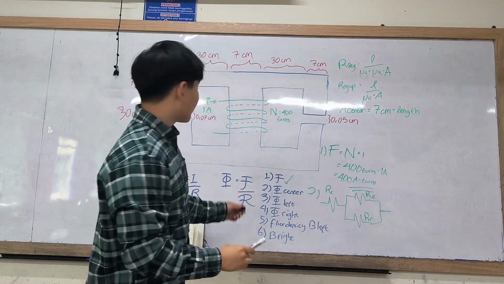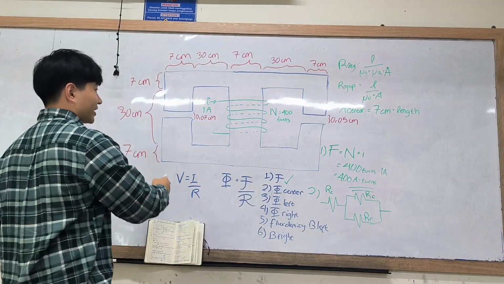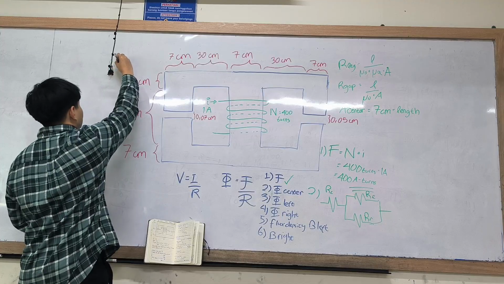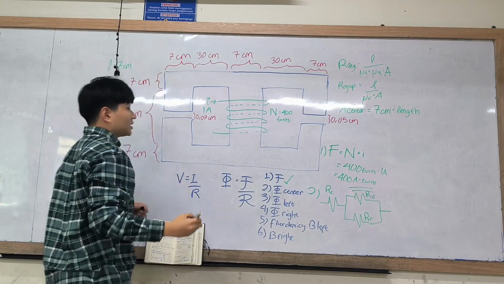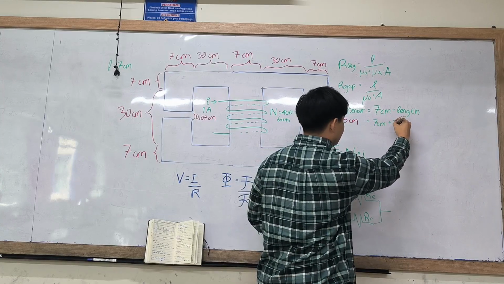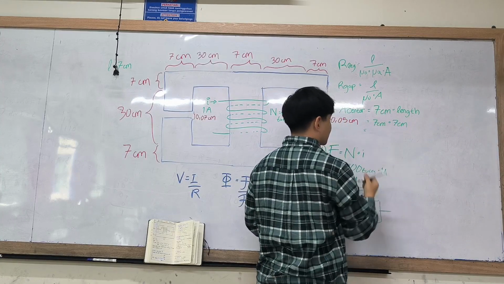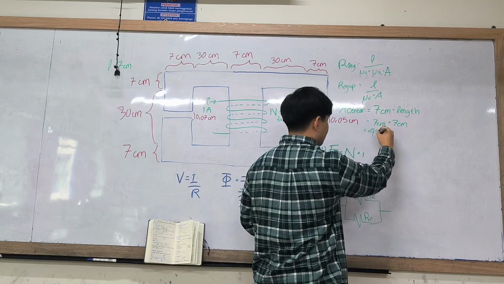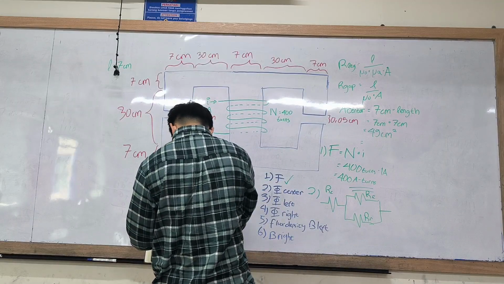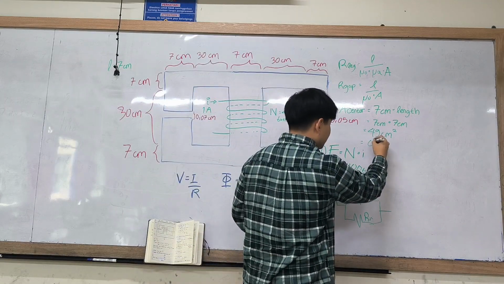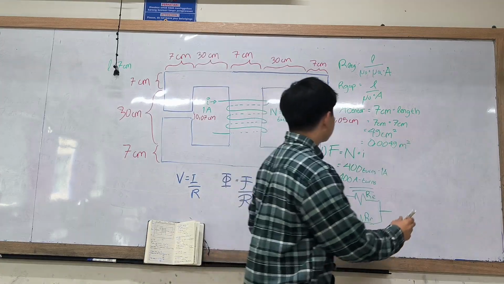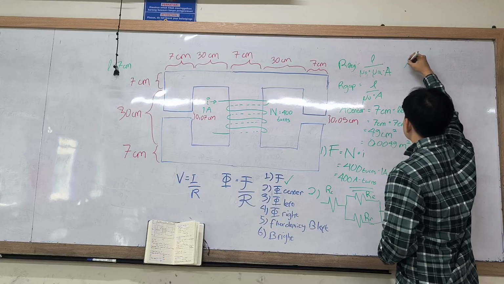I forgot to apply length first to the question, so I'm going to get it now. The length is supposed to be 7 centimeters as well. Thus, the area for the center is 7 centimeters times 7 centimeters, which is 49 centimeters squared, or 0.0049 meters squared.